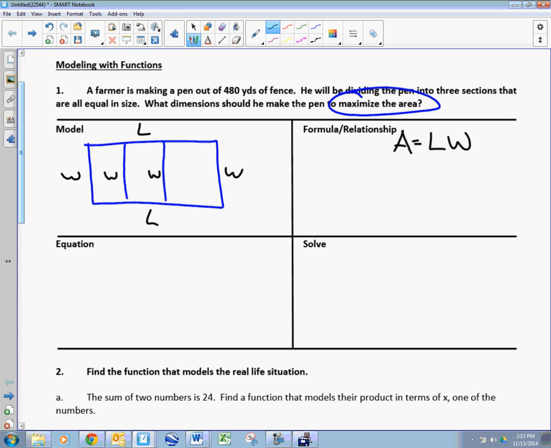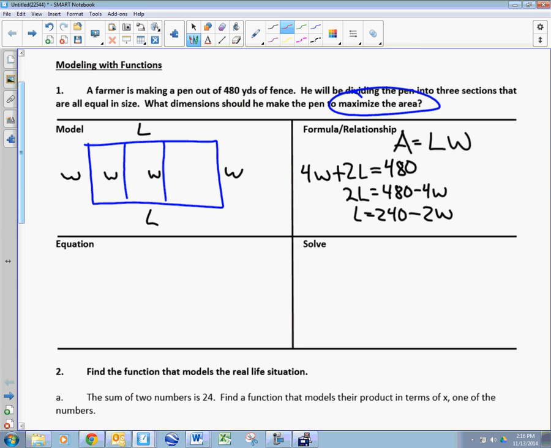So I need another equation. Can you use information from this problem to come up with another equation? 4W plus 2L is equal to what? 480. Now I can solve for a variable. I'm going to solve for L. 2L is equal to 480 minus 4W. So L is equal to 240 minus 2W.